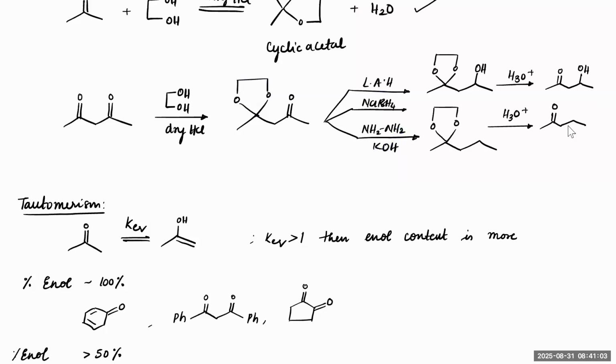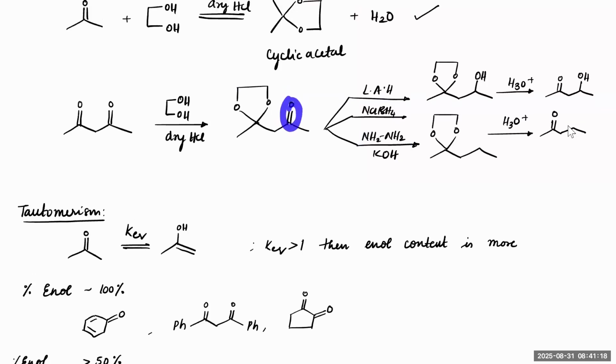So with lithium aluminum hydride, this keto group will reduce into alcohol. Same with NaBH4, and last with NH2NH2, that will convert keto group into alkane group. You can see that is becoming alkane. So what you notice is that this part is getting protected because that will not undergo any kind of reduction.